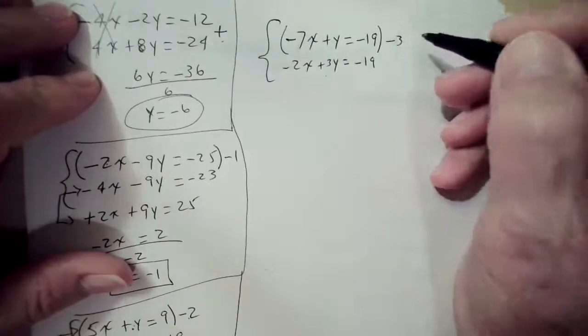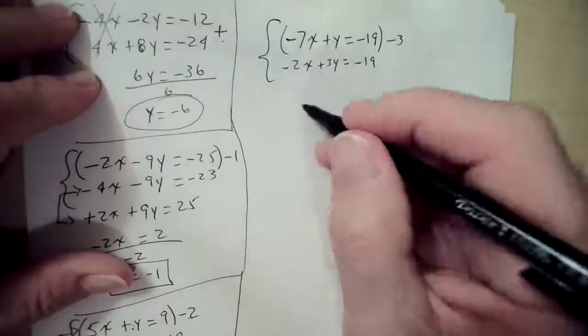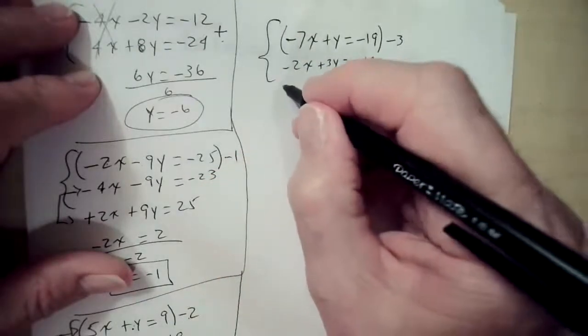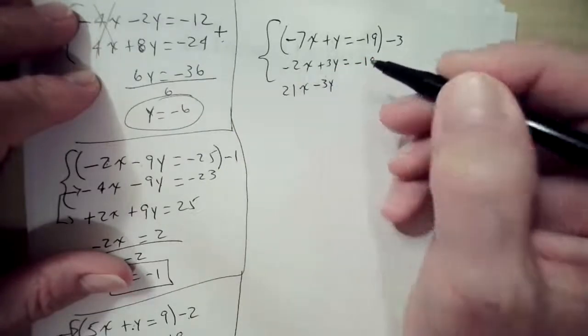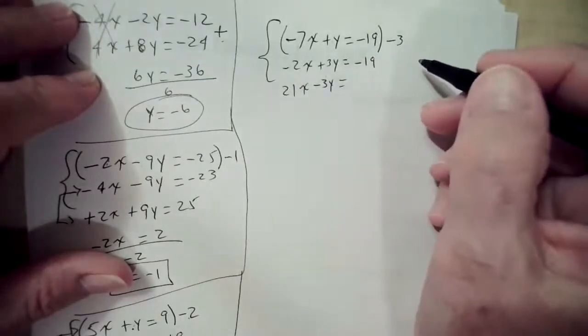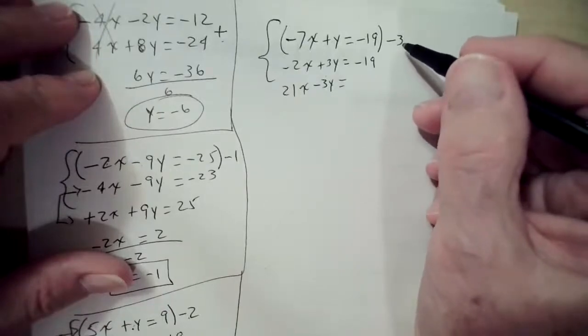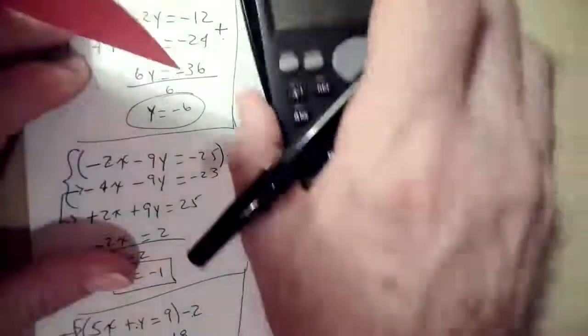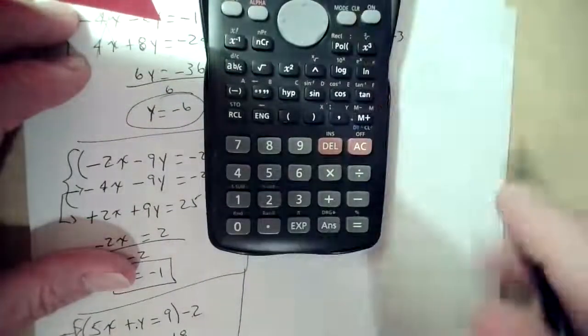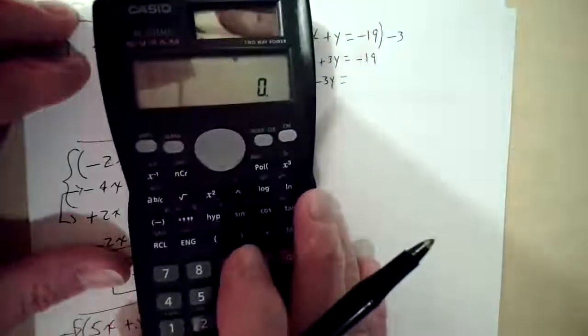So let's multiply this one by negative 3. Negative 3 times negative 7 is a positive 21x minus 3y equals 57. There's where your handy dandy calculator will come in handy.